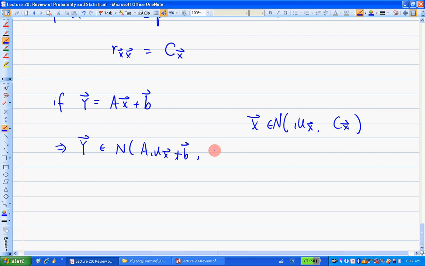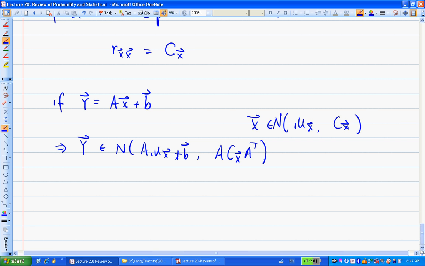But the covariance matrix for y will be changed. If I write it down here, you'll see it's A cx A transpose.